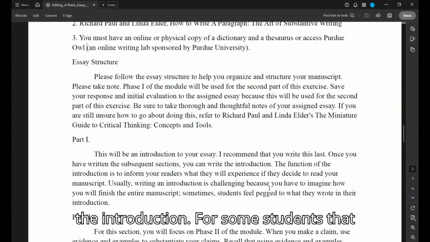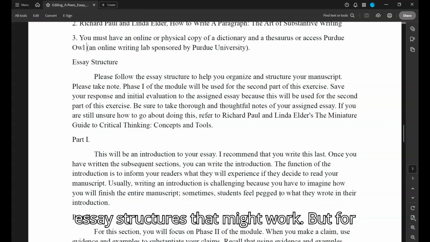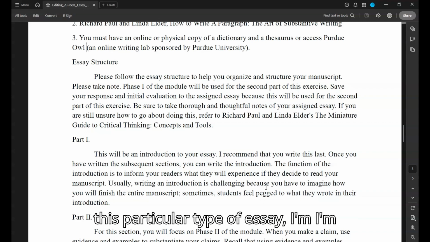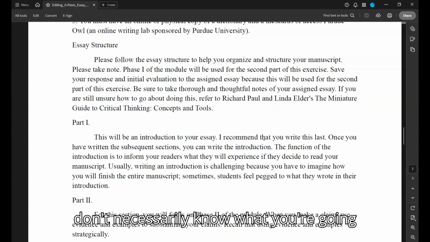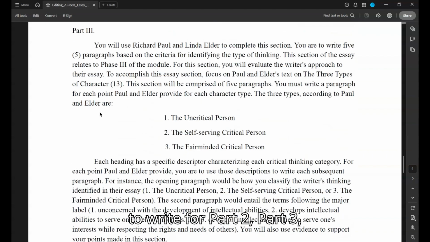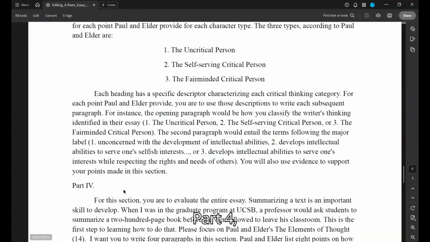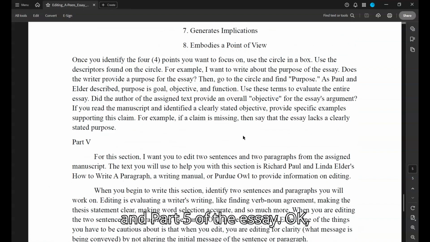For some students and certain essay structures that might work, but for this particular type of essay, I'm asking you to do it last because you don't necessarily know what you're going to write for part two, part three, part four, and part five of the essay.